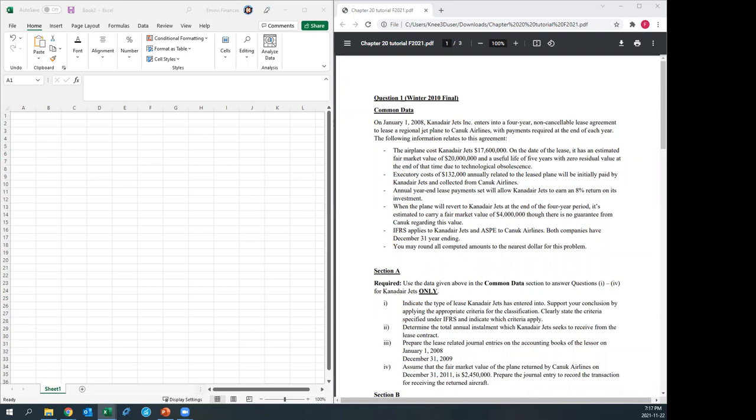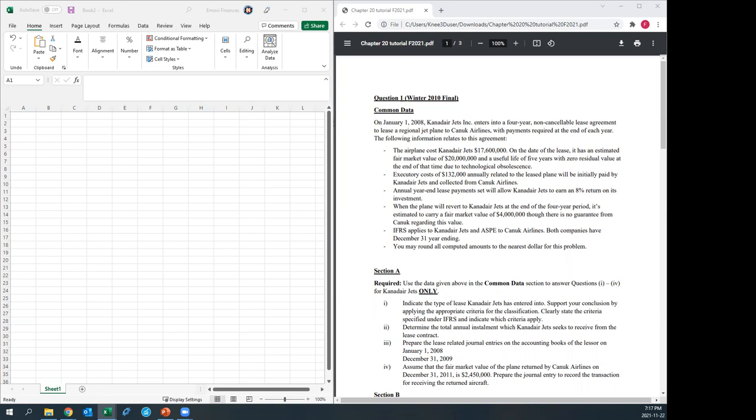The airplane cost Canadair Jets $7.6 million. On the date of the lease, it has an estimated fair market value of $20 million and a useful life of 5 years with zero residual value at the end of that time due to technological obsolescence. Executory cost of $132,000 annually related to the leased plane will be initially paid by Canadair Jets and collected from Canuck Airlines.